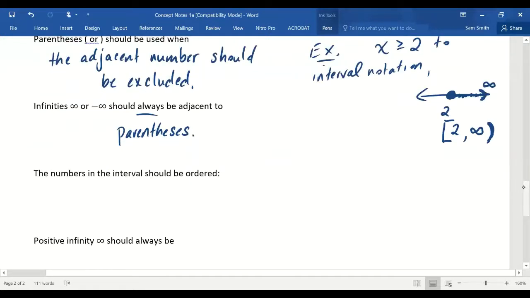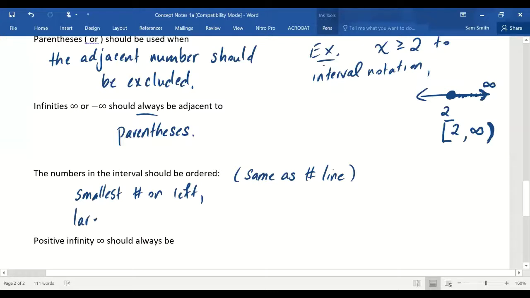Now, another thing that I tend to see when students are writing intervals is that the numbers in the interval are in a very fixed order. They're in the same order as on the number line. They increase from left to right. Smallest number on left, largest number on right.